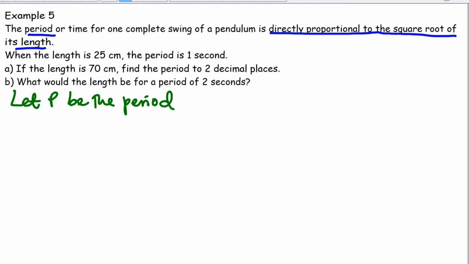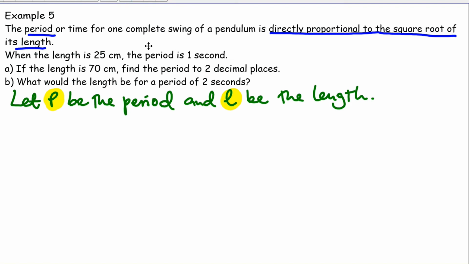So let P be the period and L be the length. Okay, so we have P and L. We need to find a formula connecting these two.